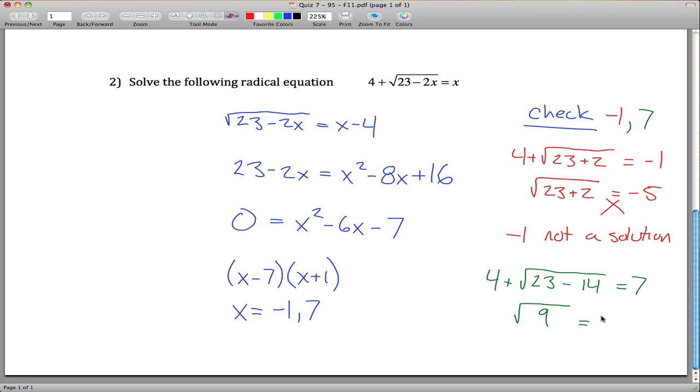And 7 minus 4 is 3. Looks like that is right. So we get 7 is the only solution. So maybe answer equals 7. Maybe over here we put an X and a check so we know what we're doing. And that's the end of the quiz.